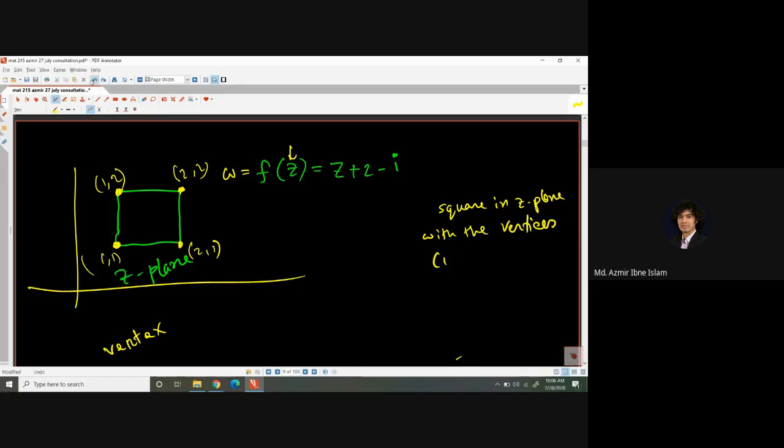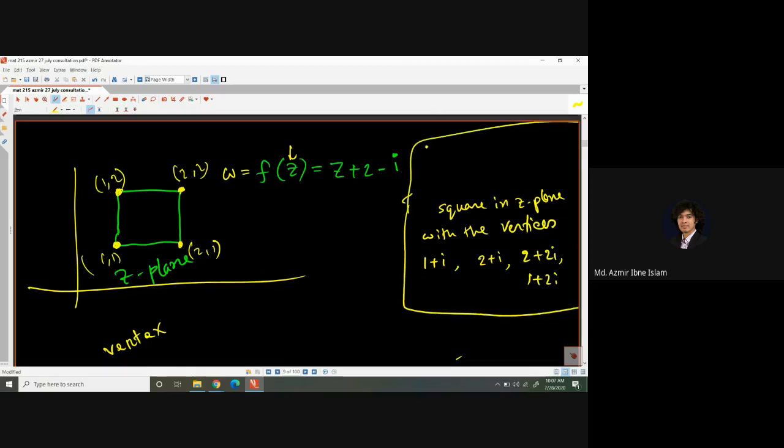Now let's write it this way. We have the vertices 1 plus i, that is 1 1. In your question, it may be in this form or in 1 1 form. But remember that every complex number x plus yi is actually a point x y. So we have 1 plus i, 2 plus i, then 2 plus 2i, and another vertex, 1 plus 2i.